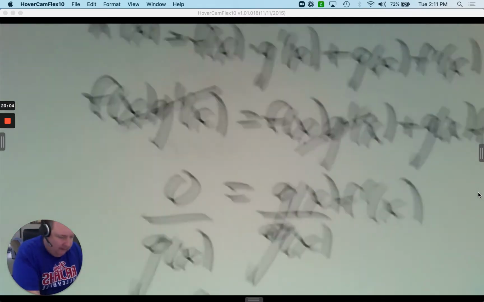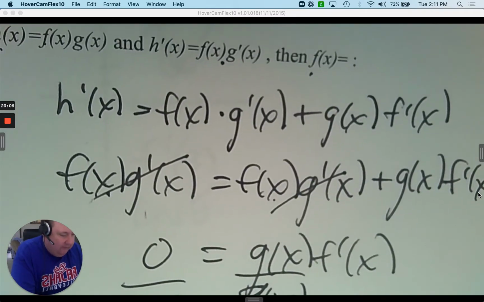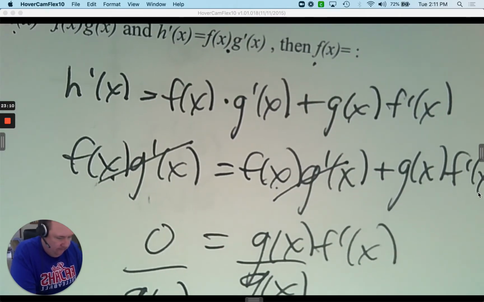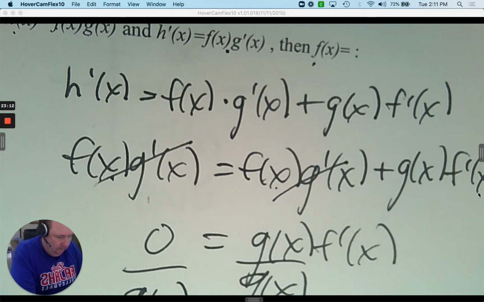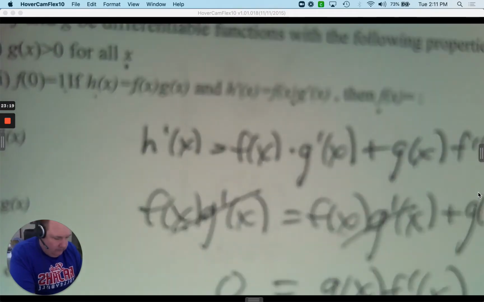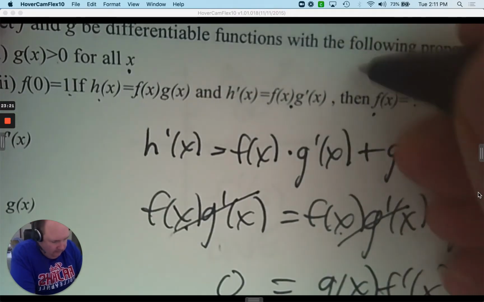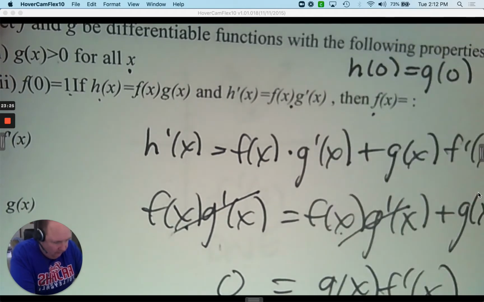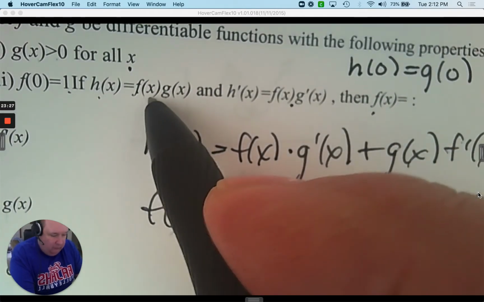Make sure I read it correctly. So f at 0 equals 1. So that means h at 0 equals g at 0 if f at 0 equals 1.